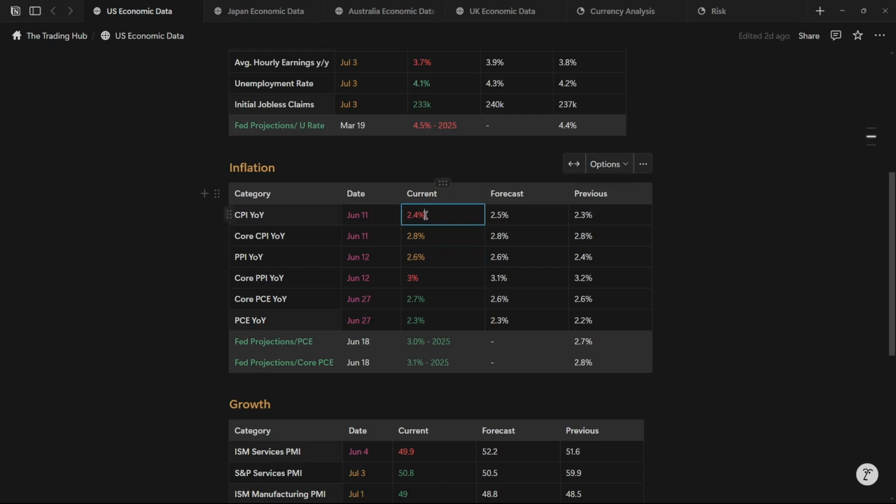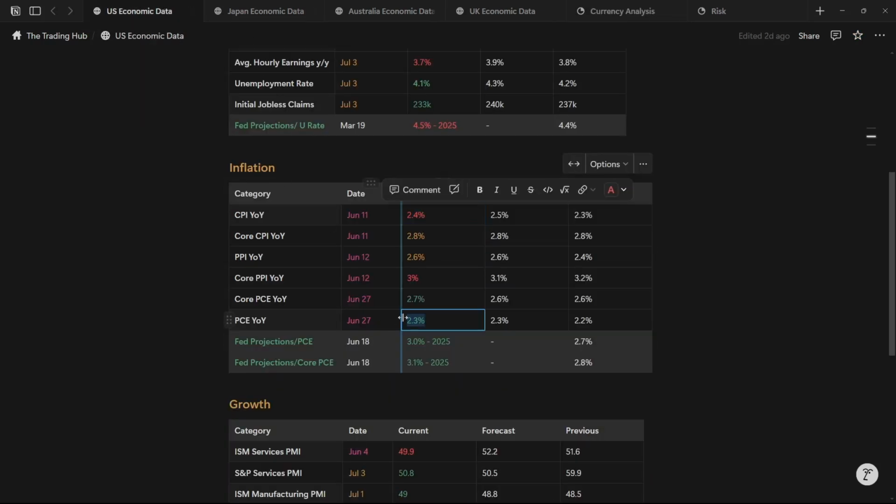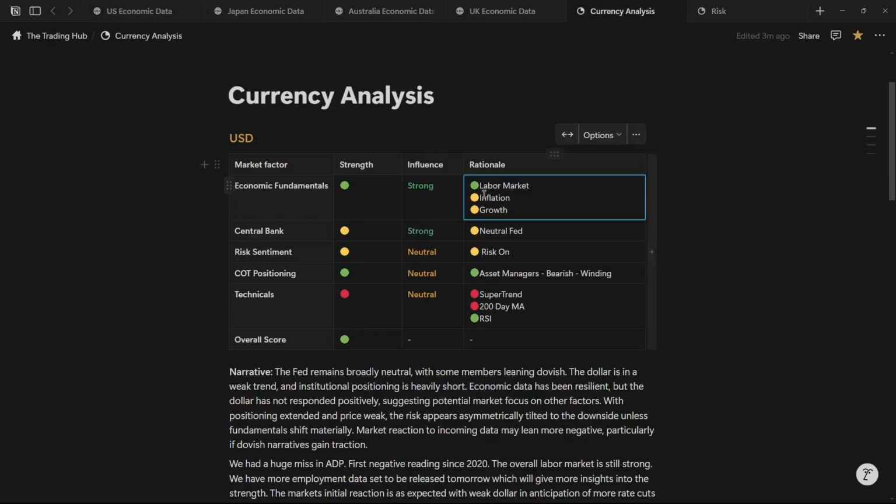So basically this is neutral because we had 2 beats, 2 misses, and 2 in line with expectations. So on an aggregate basis, the US economy as it relates to inflation is neutral, where we saw beats, but we also saw the same amount of misses, and we also had 2 neutral readings. So that would give a neutral reading, and this is why the score is neutral on inflation.